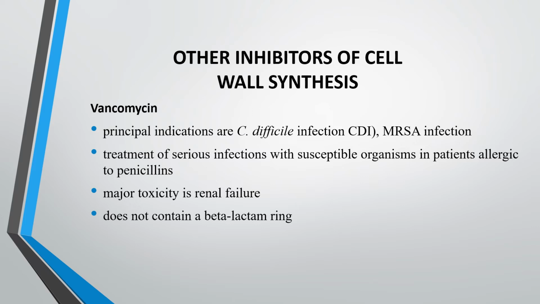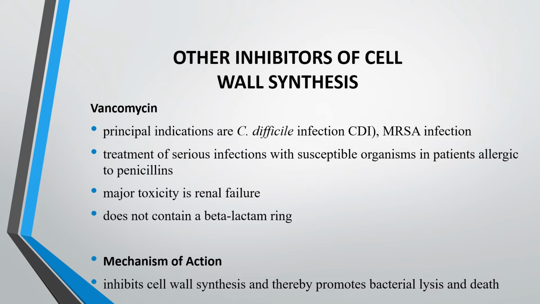Now, for the mechanism of action, like the beta-lactam antibiotics, vancomycin inhibits cell wall synthesis and thereby promotes bacterial lysis and death. In contrast to beta-lactams, vancomycin does not interact with penicillin-binding proteins. It disrupts the cell wall by binding to molecules that serve as precursors for cell wall biosynthesis.